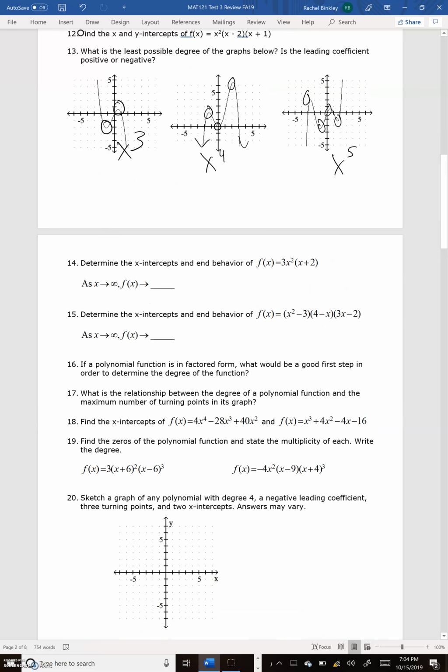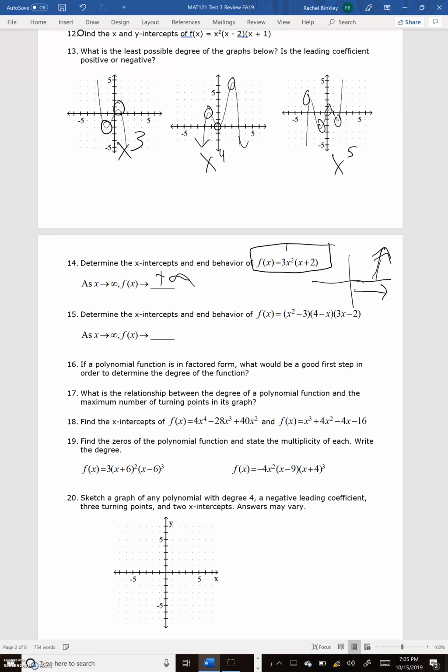Determine the x-intercepts and end behavior of this. So this is a positive cubic function, right? So that means if we're only looking at the end behavior, eventually it's going to keep going up. So as x goes towards positive infinity, the function goes up towards positive infinity.